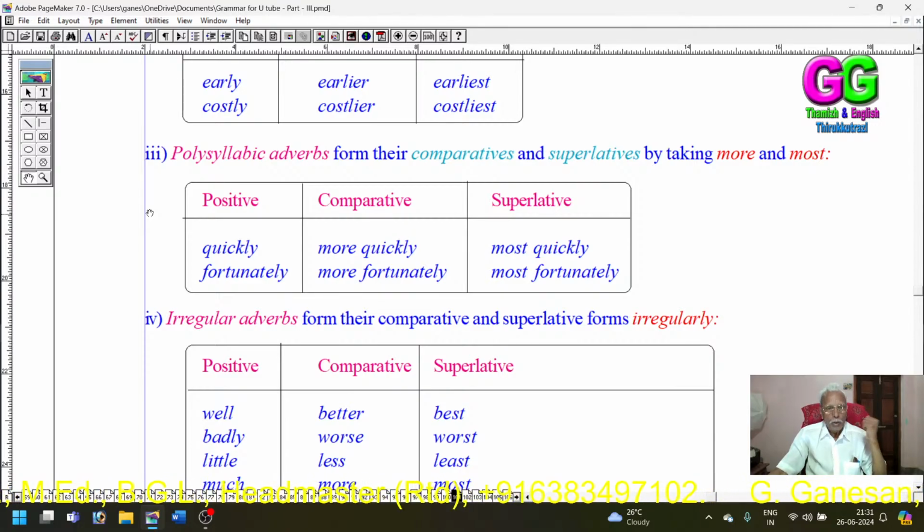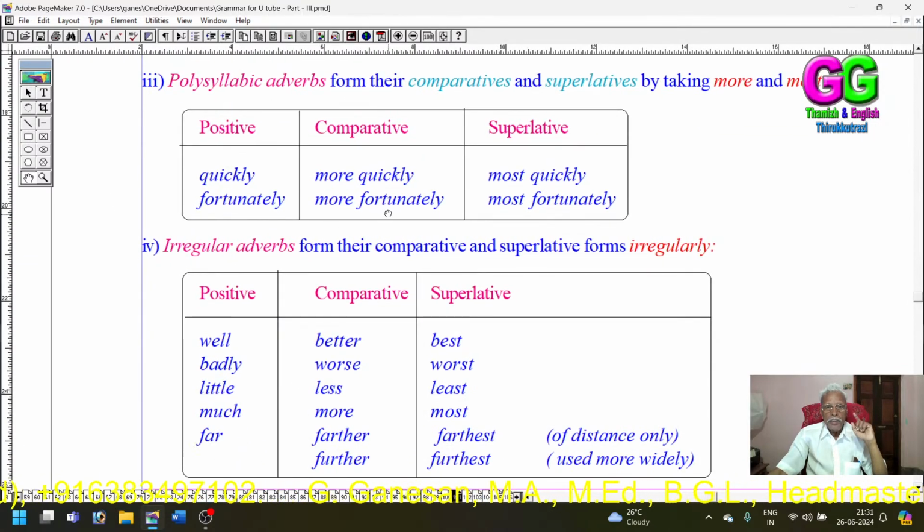Then the third rule, polysyllabic adverbs, that is, adverbs having 3 or more syllables, form their comparative and superlative forms taking more or most. Quickly, more quickly, most quickly; fortunately, more fortunately, most fortunately; sweetly, more sweetly, most sweetly.